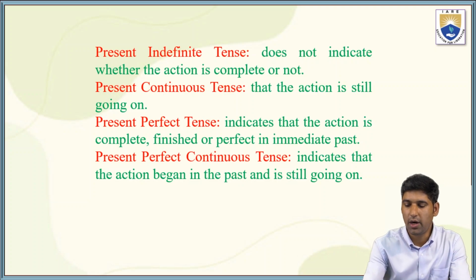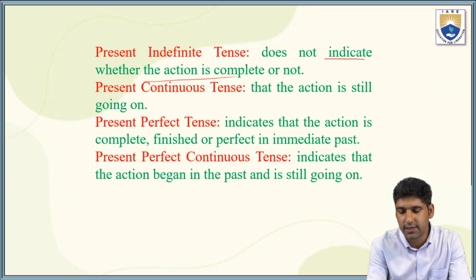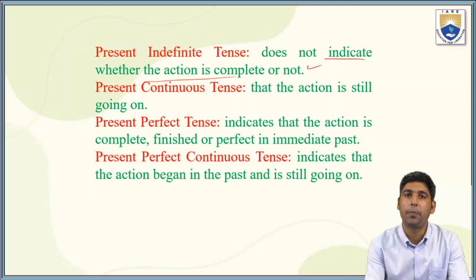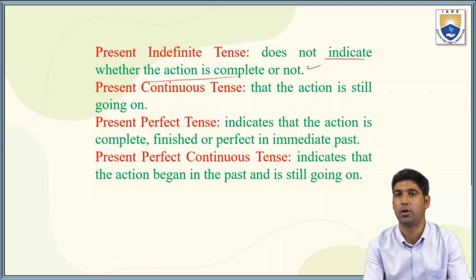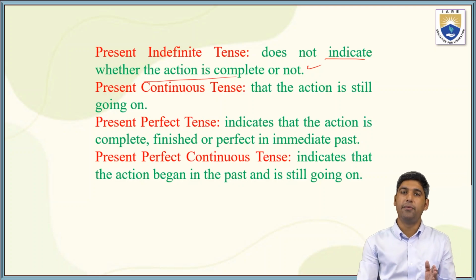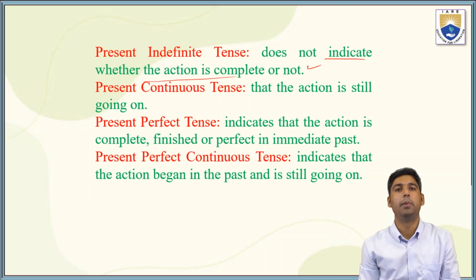It does not indicate whether the action is complete or not. It talks about the timing of the action, but it does not indicate whether the action is complete or not. Present indefinite tense cannot tell you whether the action it shows is complete or not.